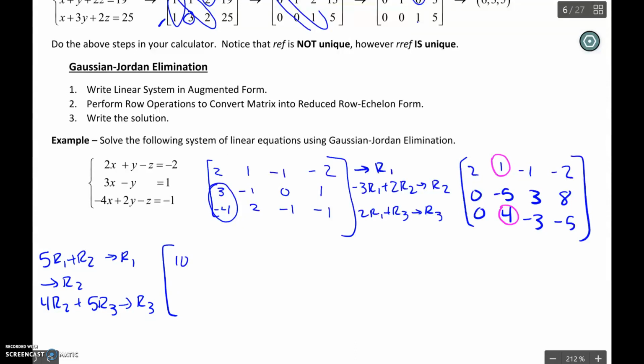So 10, 0, -5 plus 3 is -2. -10 plus 8 is -2.